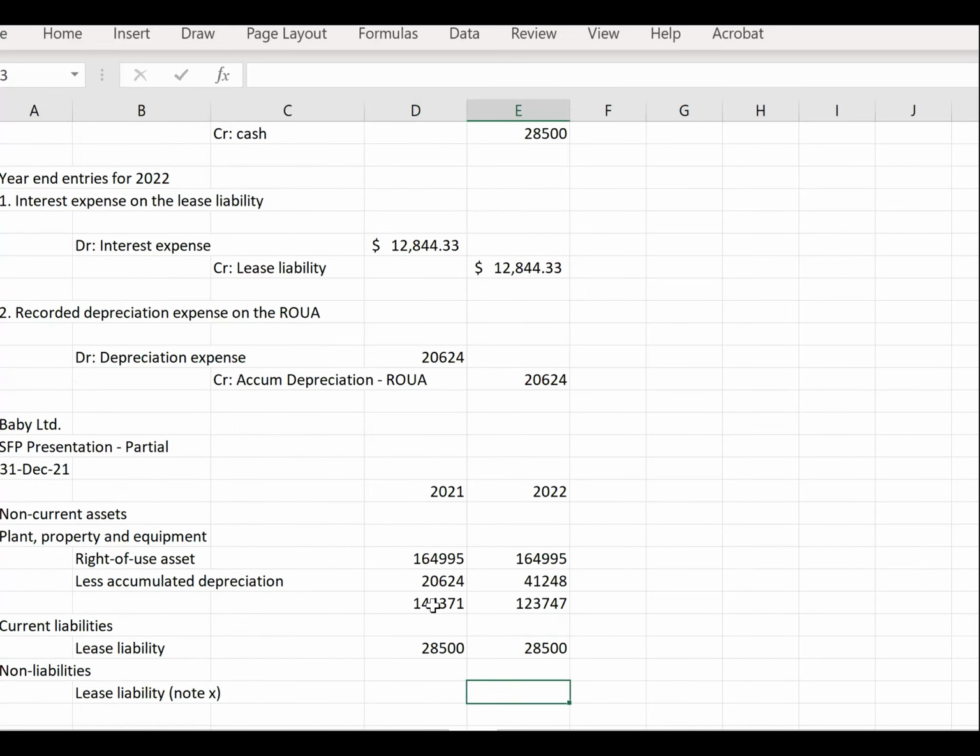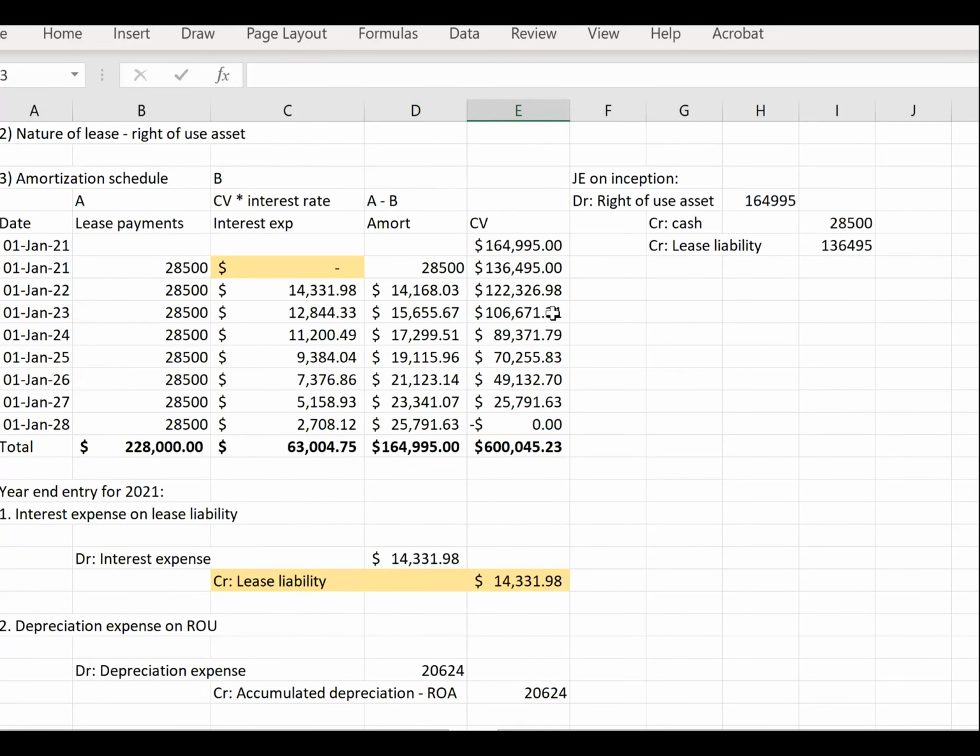So let's see where we get that from. Our lease liability, 122, 327 is what we have left.